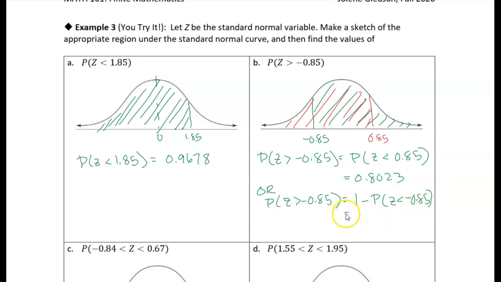I can look that up, and I get 1 minus 0.1977, which also gives me 0.8023. You get the same thing either way. I'm not saying you have to do both every time. I just wanted to show you that you can do it either way.